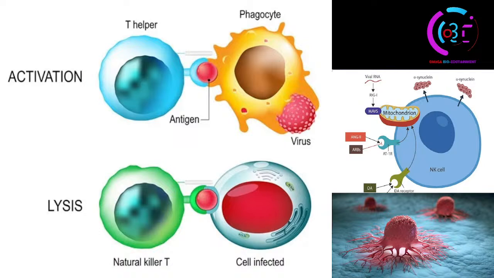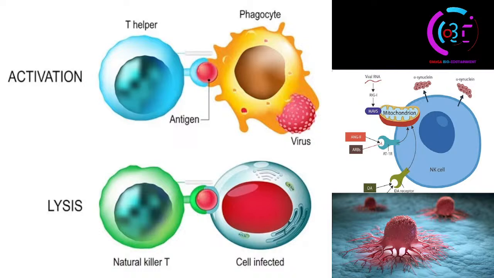So the natural killer cells are the security agents. They are the security agents because they are the first to recognize. What do they recognize? They recognize that certain cells are under stress. So that means if you are under any stress, your immunological response will make sure that the natural killer cells are recruited.